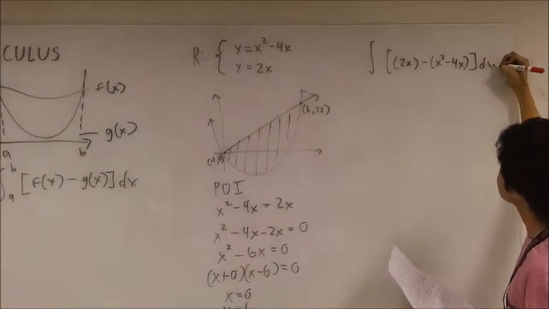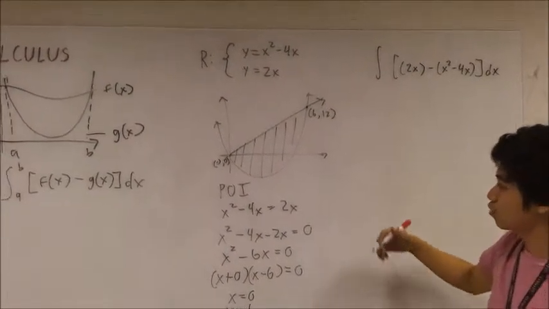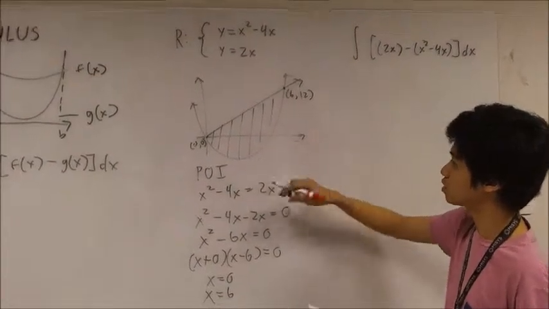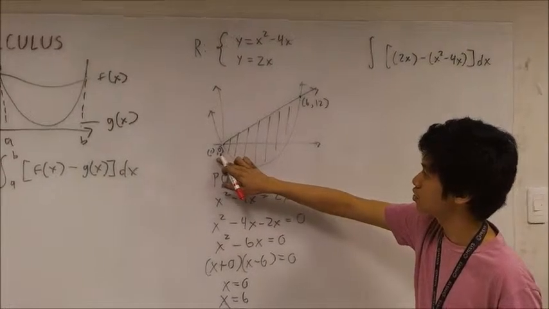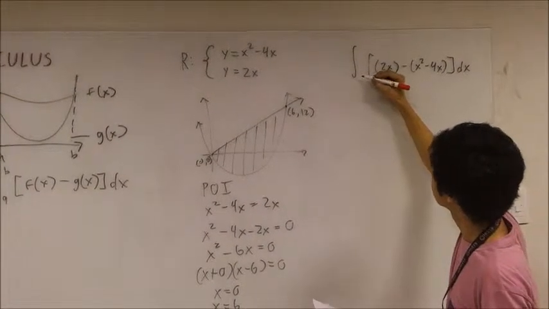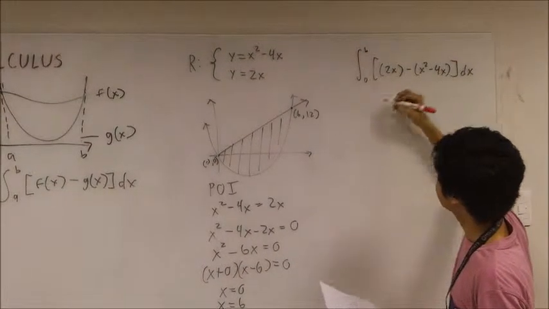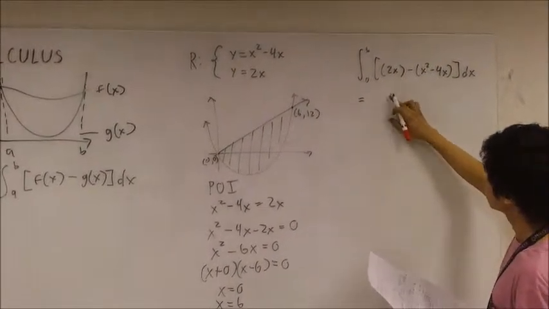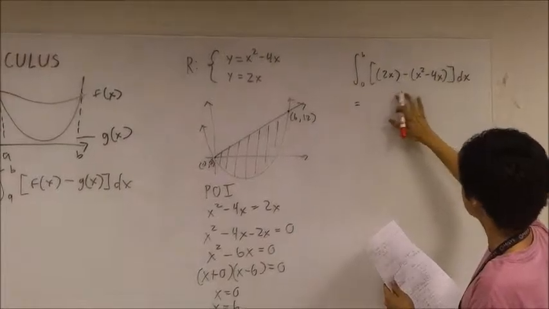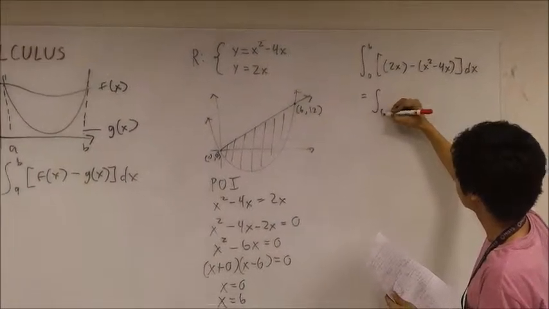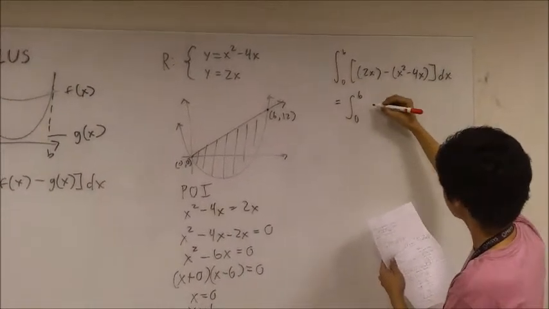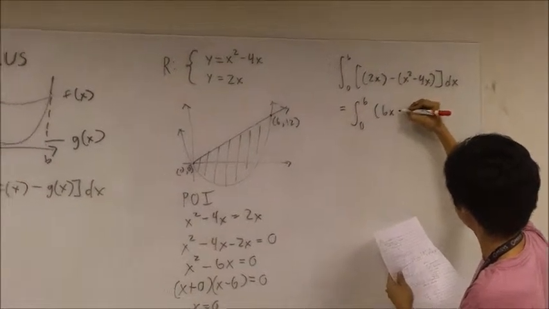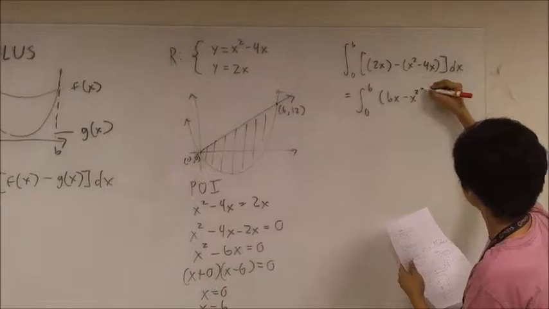And of course, dx. And now that we know the points of intersection, we now also know the boundaries. So in this case, it's 0 to 6. So you can write it there. Now we can apply the integral. So we can actually simplify this first to 6x minus x squared dx.